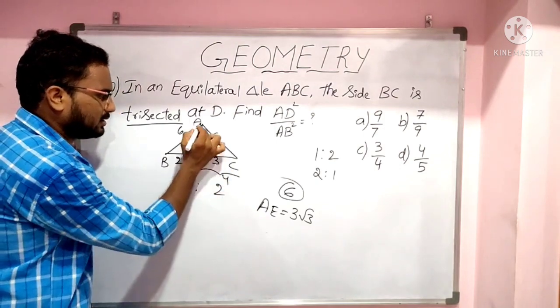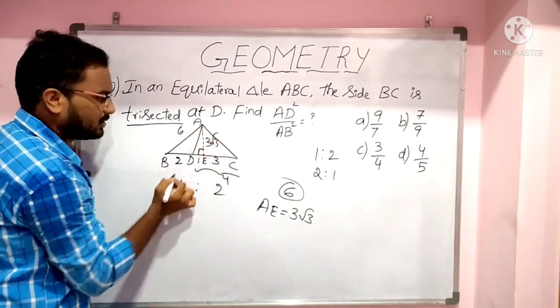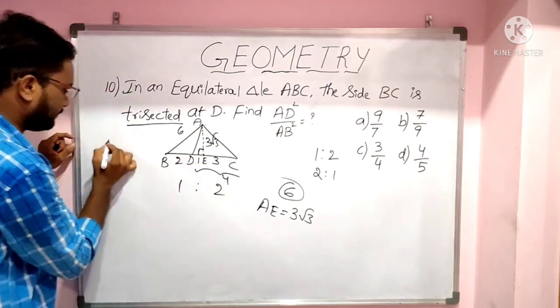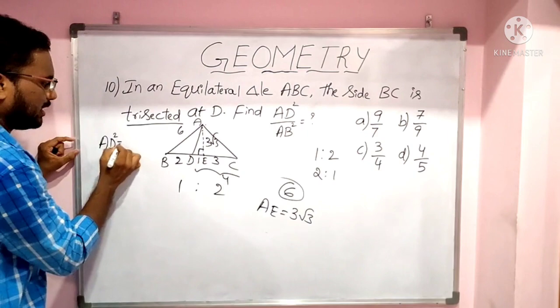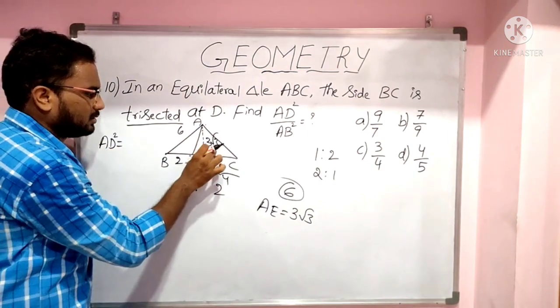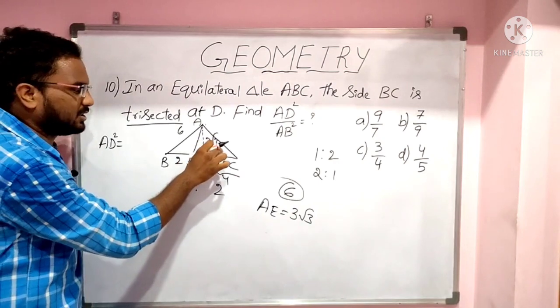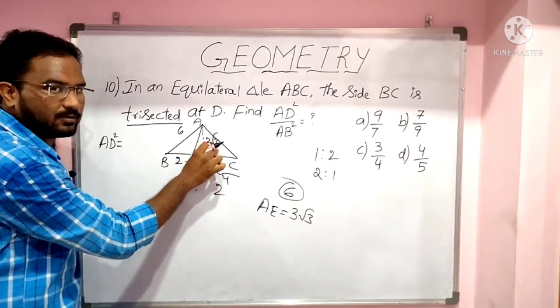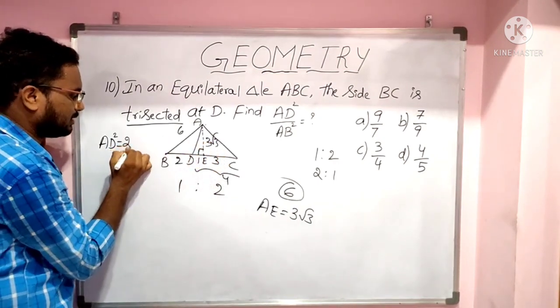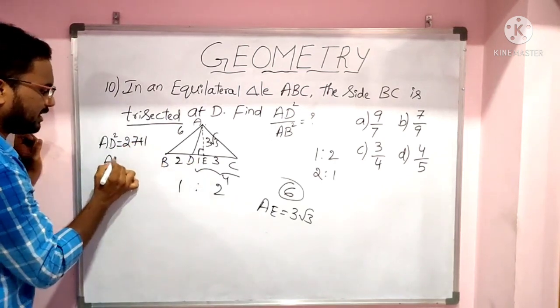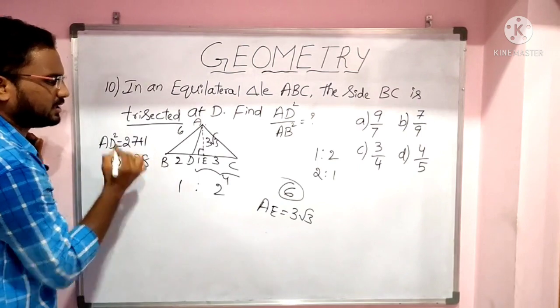So this is a right angle triangle, and the hypotenuse is AD. So AD square equals AE square plus DE square. AE square is 3 root 3 whole square, 9 3s is 27, and DE square is 1. So AD square is 28.